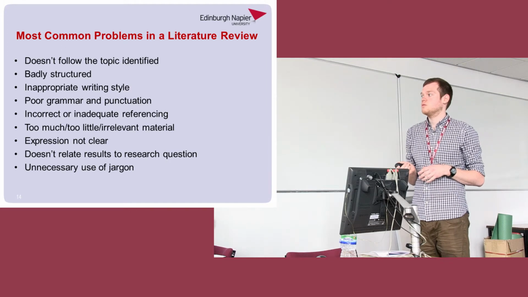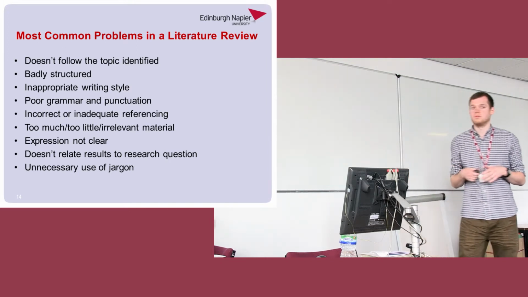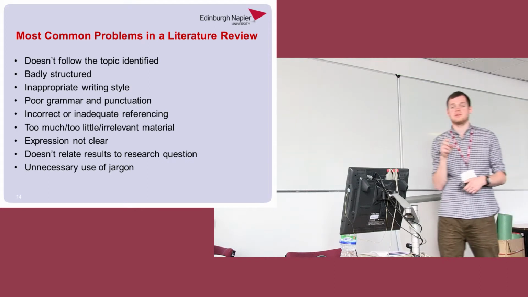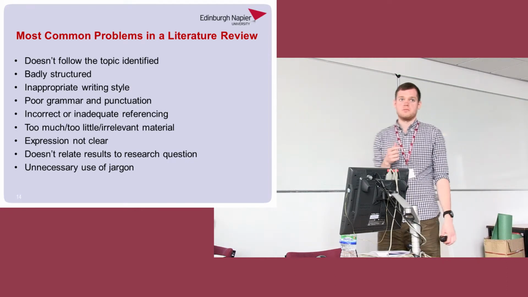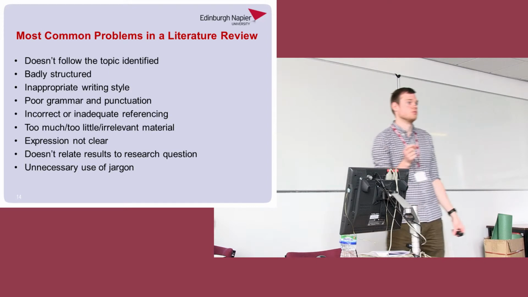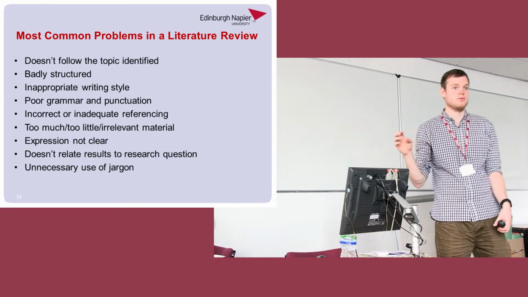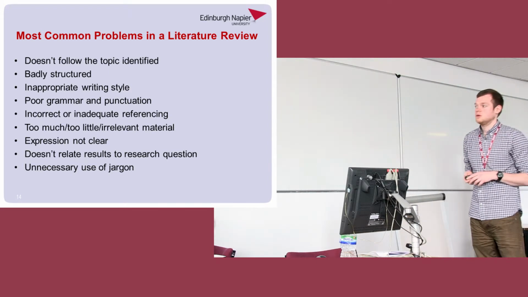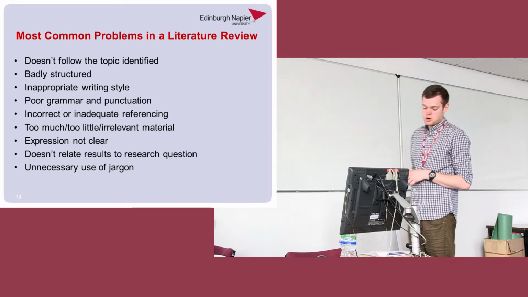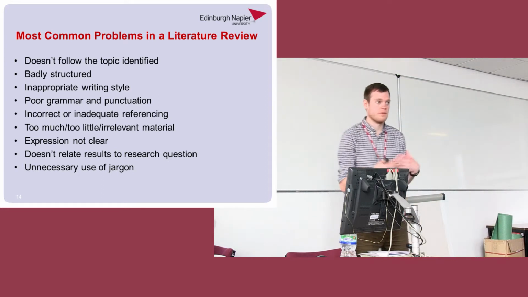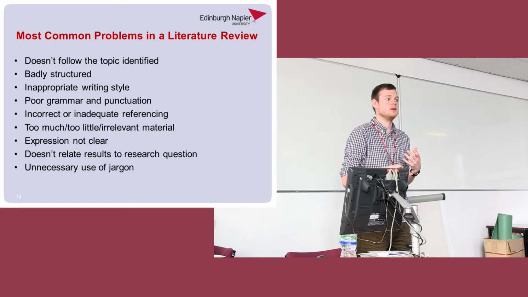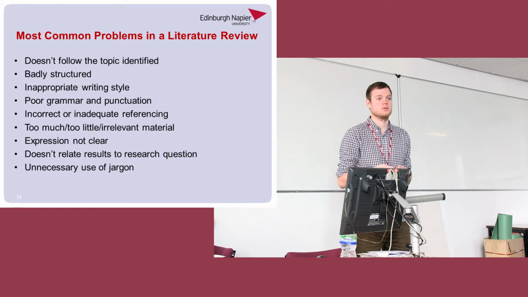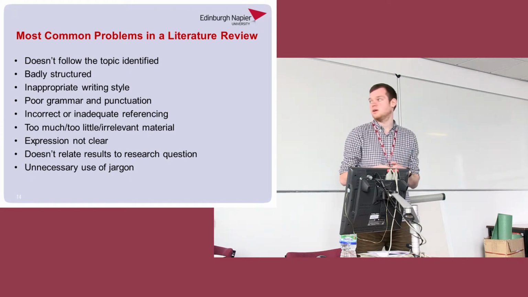Another problem is that it doesn't relate results to research questions. In your discussion you need to specifically say that your hypothesis was proved or not proved, in black and white writing. And unnecessary use of jargon as well: using terms that you know what they mean, but the reader doesn't. So we've got to explain everything, yeah?